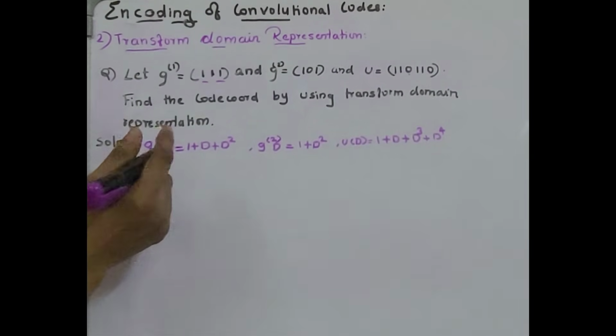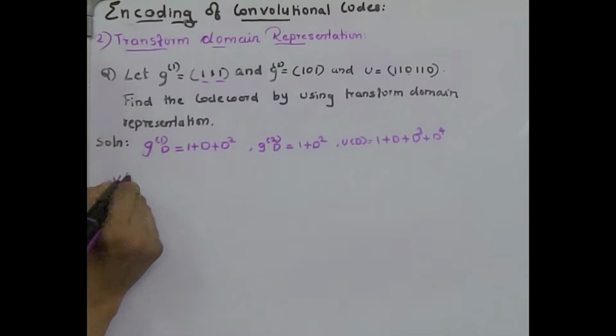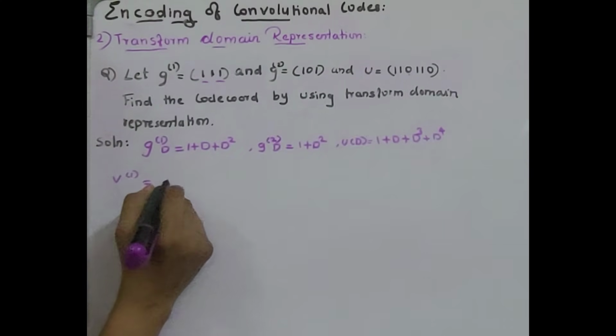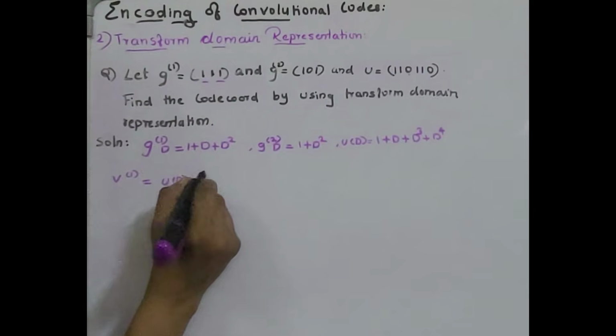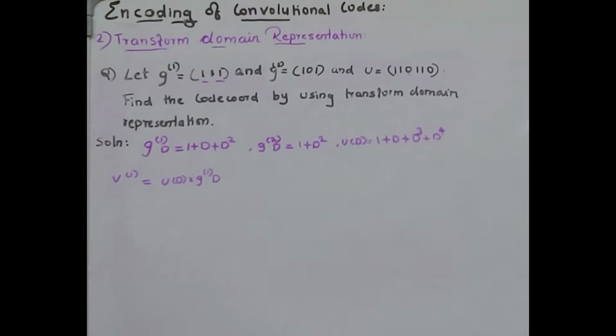Now we have converted the sequences to polynomials. Then we can find the code word V1 is equal to U(D) into G1(D), and V2 is equal to U(D) into G2(D).